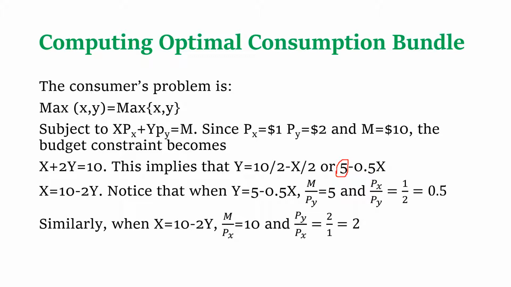We now have y equals 10 minus 2y, right? So 10 there is 10 over 1, which is m over px. Px is 1. 10 over 1 is just 10. And so this 10 is the intercept on the horizontal axis.